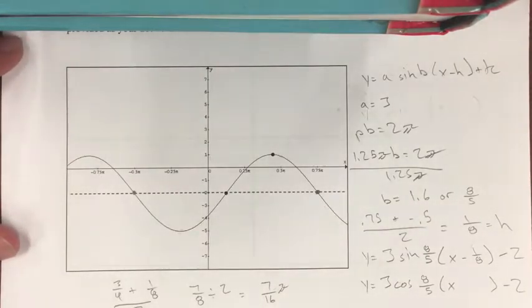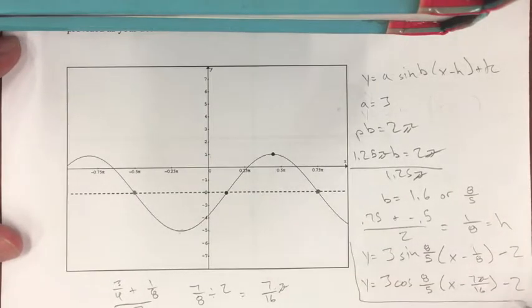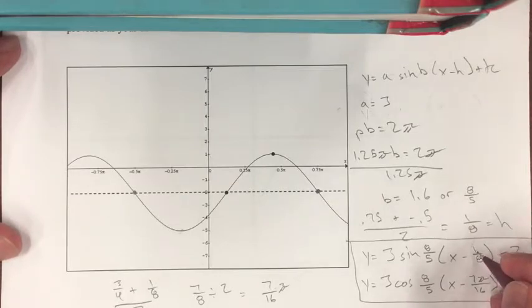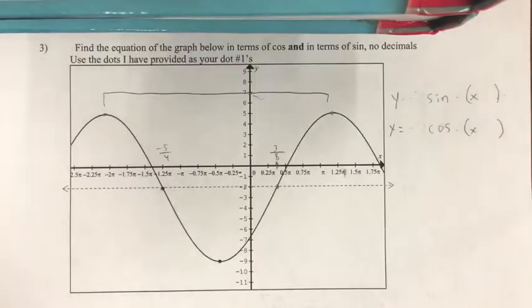So now you have your h, and when you plug that in, it will be minus 7 pi over 16. And those are your two answers to the equation. But don't forget to add pi like I did, so pi over 8. And those are your two answers.